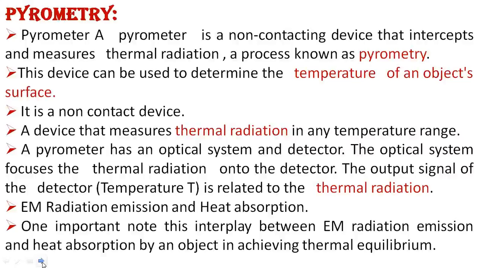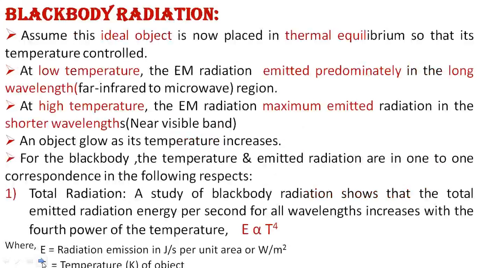The optical system focuses the thermal radiation on the detector. The output signal of the detector is related to the temperature T, the thermal radiation, EM emission, and heat absorption. One important note: there is an interplay between the electromagnetic radiation emission and heat absorption by an object in achieving thermal equilibrium.